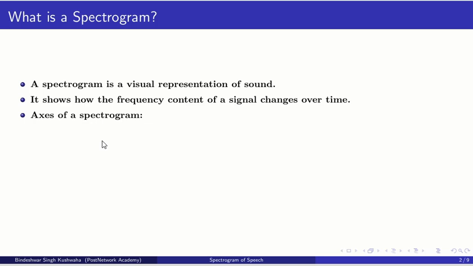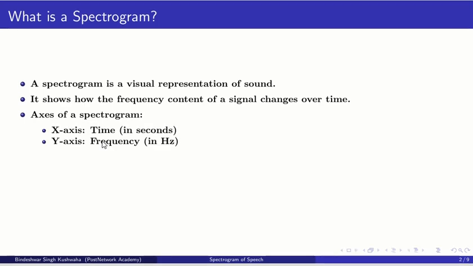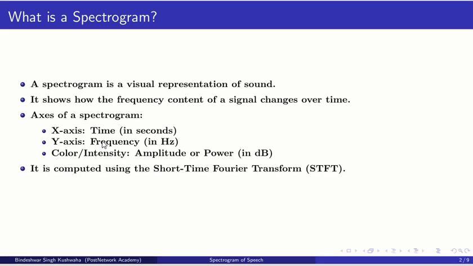So what are the axes of a spectrogram? X-axis is time in seconds, y-axis is frequency in hertz, and color or intensity is the amplitude or power in dB, decibel, and it is computed using the short time Fourier transform.